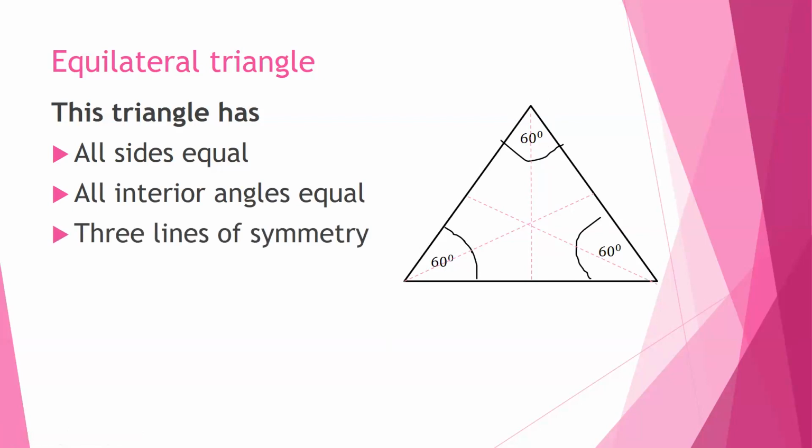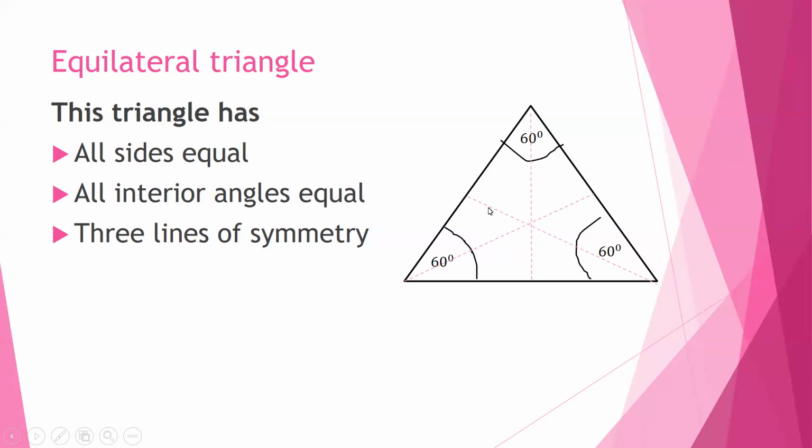And then we say it has 3 lines of symmetry. The lines of symmetry are the dotted lines in red, right? So we have 1, 2, and 3. We are saying they are lines of symmetry because you see, it divides the angles equally into 2, and it also bisects the line opposite it. This line of symmetry has bisected this angle and bisected the line opposite it.